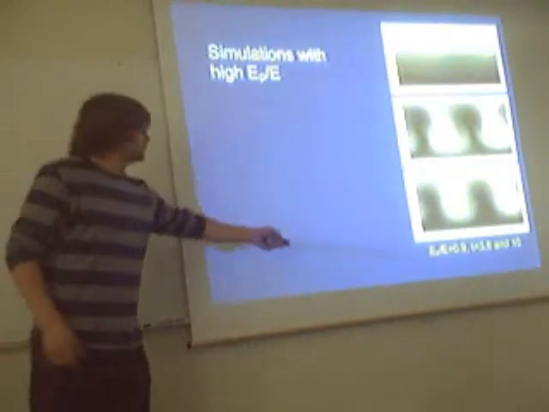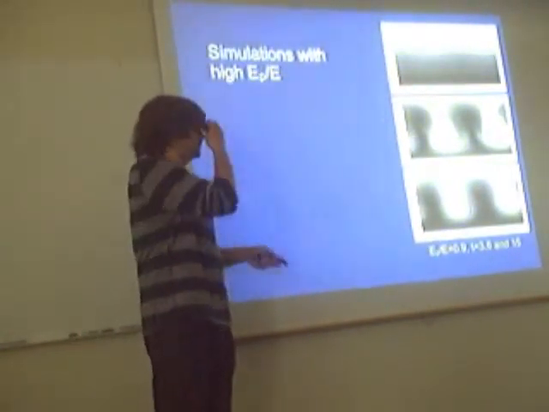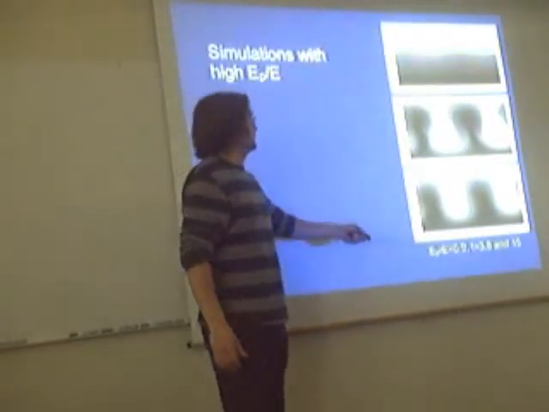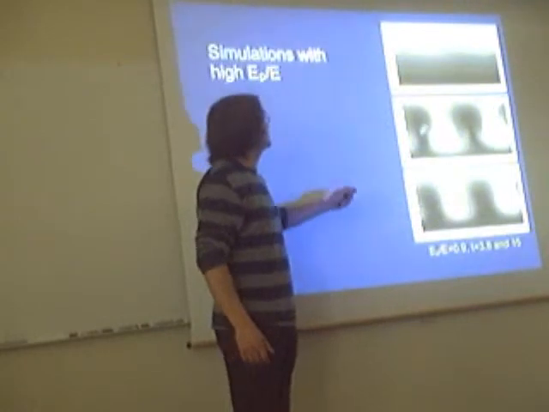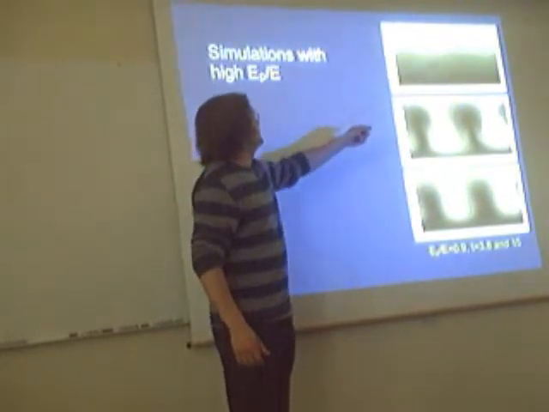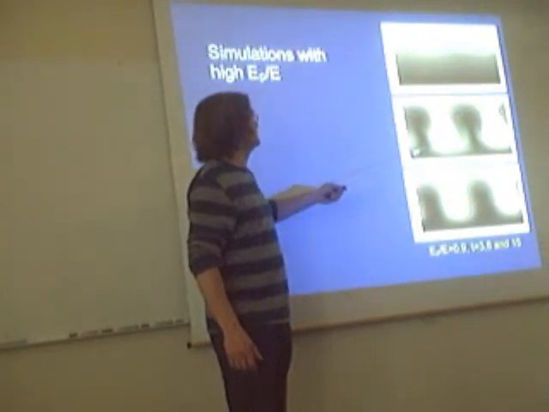So this is a simulation where this ratio is 0.9, so the poloidal energy is 90% of the total, at 3 points in time, in terms of alpha crossing times. Okay, so we get an m equals 2 mode growing, and then it saturates. So this is the new equilibrium.